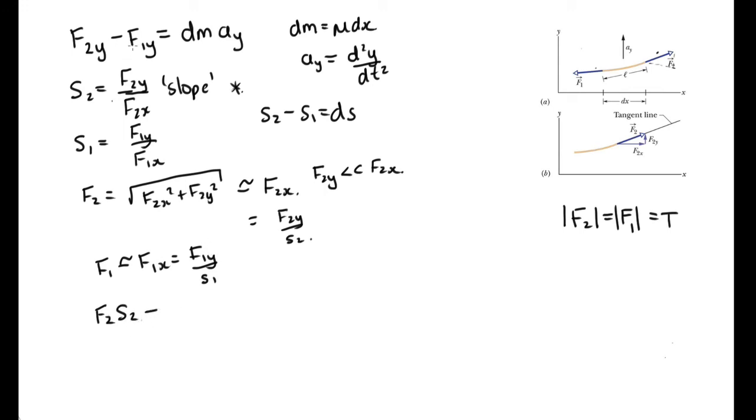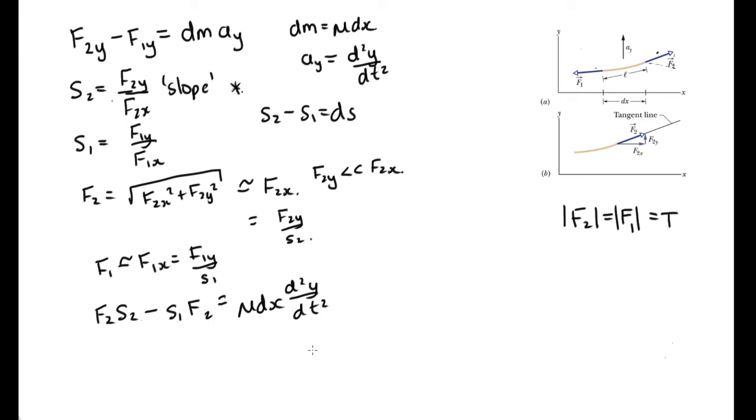F1y is equal to S1 times F1, but we're going to replace this F1, because it's got the same magnitude as F2, with an F2. So there's our F2, and this thing is equal to mu dx times d squared y dt squared.